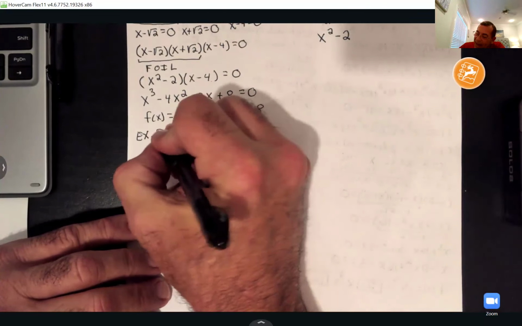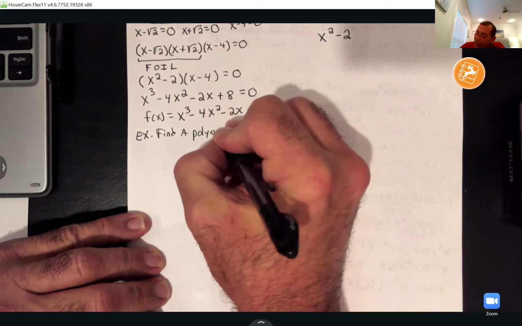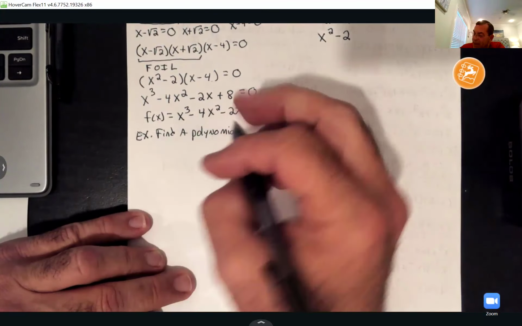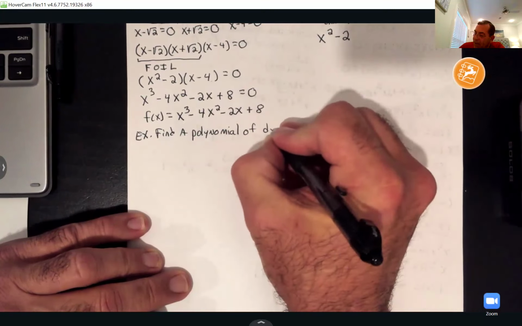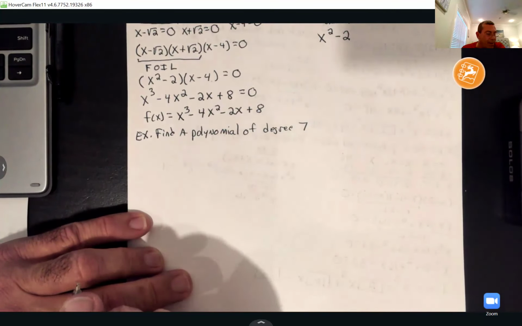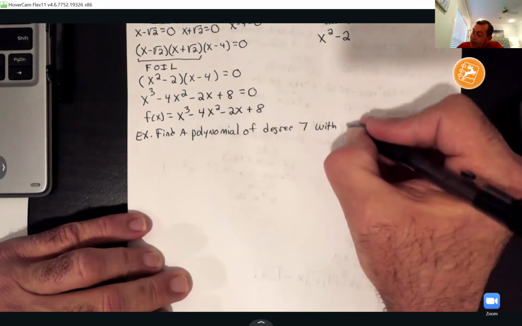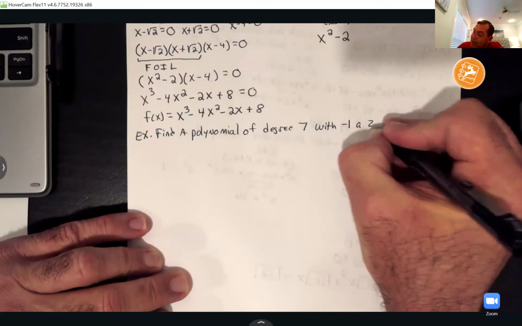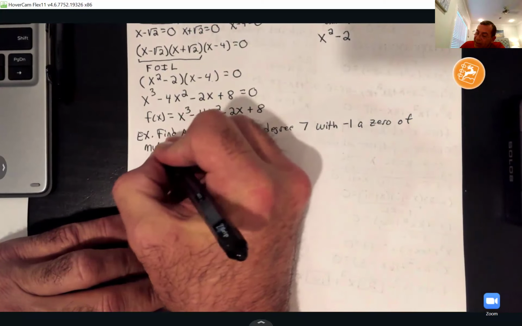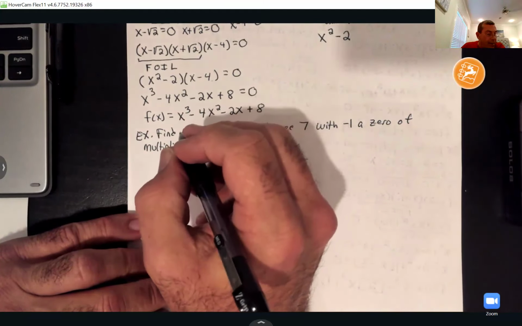They say find a polynomial of degree 7 with, now check this out, -1 a 0 of multiplicity 3.